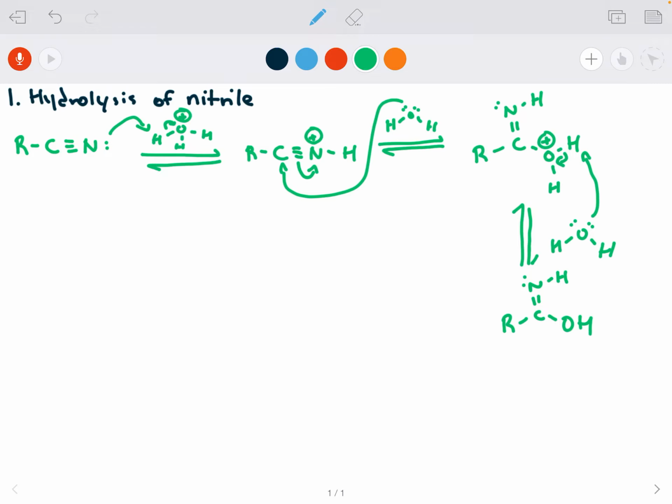So now I'm going to protonate the nitrogen because I'm going to need, ultimately, to get a carbonyl. So I have to get the double bond between the carbon and the oxygen. Right now it's between the carbon and the nitrogen. So I'll protonate the nitrogen.